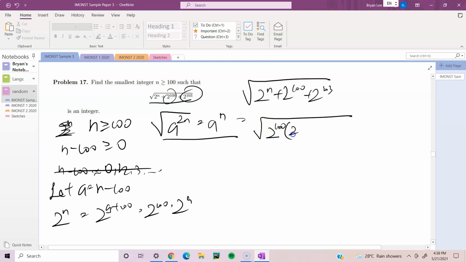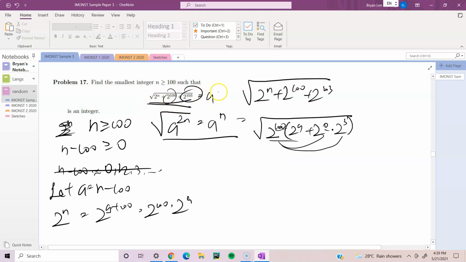times 2 to the power of a, so this is 2 to the power of n, and then plus 2 to the power of 0, because indices add when we multiply the powers, and then 2 to the power of 3 over here. So this is 2 to the power of 103. We can take out the 2 to the power of 100. We want to know that this is some integer.